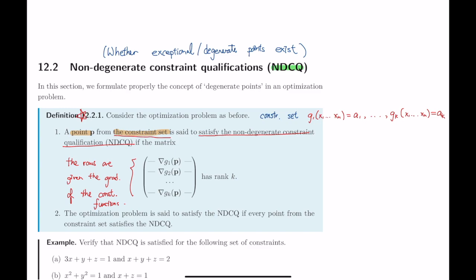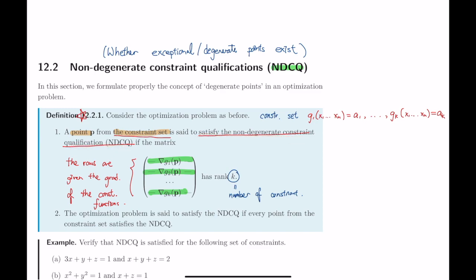You have this constraint function g1 up to gk, you take the gradient and put them as rows. And then you have k rows, because you have k constraints. If this matrix has rank k, exactly the number of constraints, then we say that this point is non-degenerate, or we call it satisfying the NDCQ.